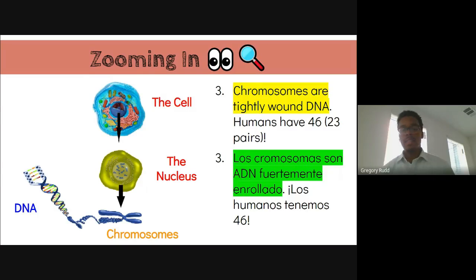And then lastly, chromosomes are tightly wound DNA. So the DNA is really tightly wrapped up to form a chromosome.